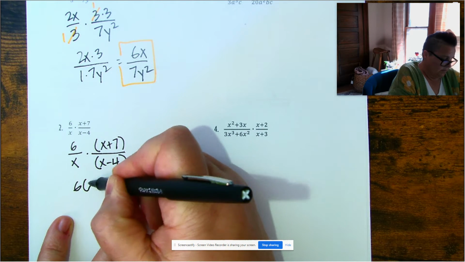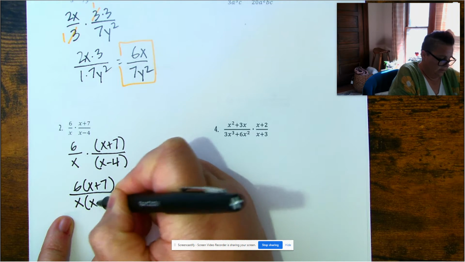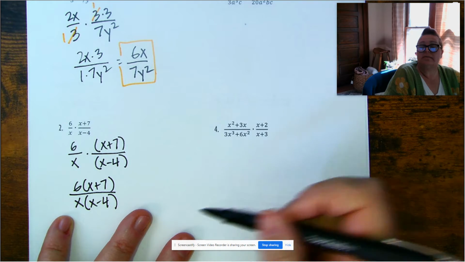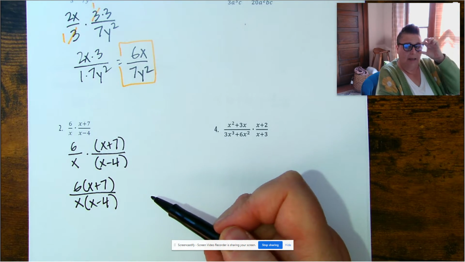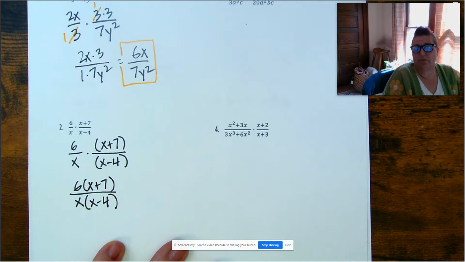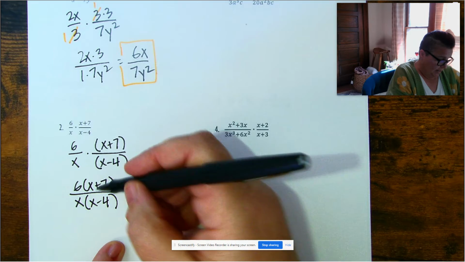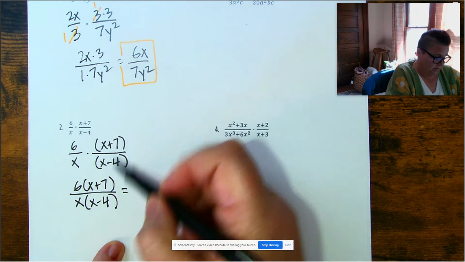This is going to be 6 times x plus 7 over x times x minus 4. This is the polynomial in factored form. That is an absolutely fine answer unless the instructions for the problem say to go ahead and multiply it out. If they ask you to multiply it out, then you want to distribute.